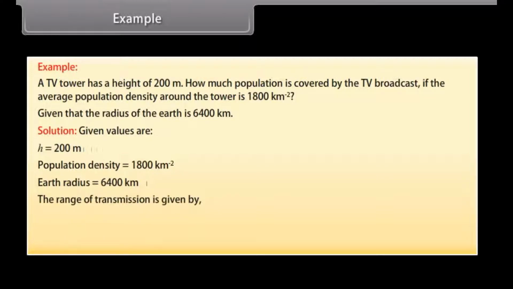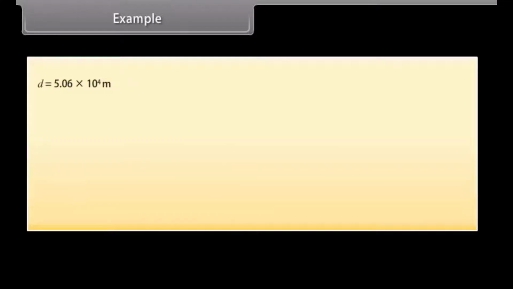The range of transmission is given by d equal to the square root of 2hR. Now, put the values and calculate. We get the value of d equal to 5.06 × 10^4 meters. Area covered by transmission is equal to pi d squared.